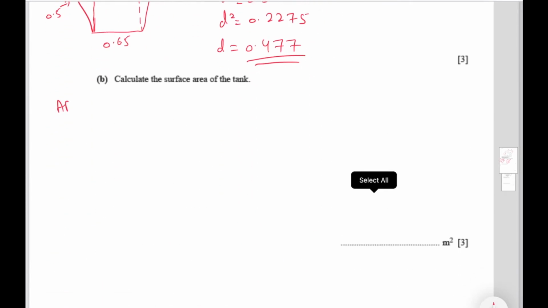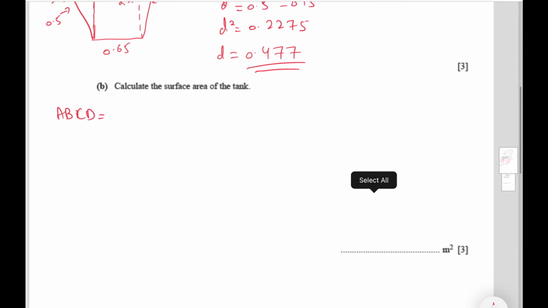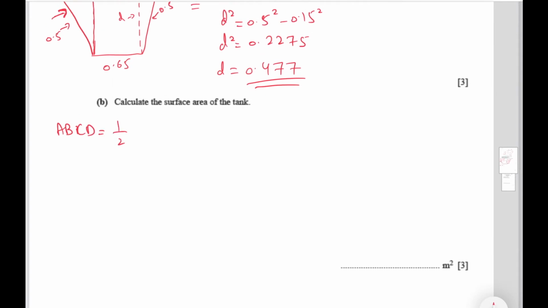ABCD is a trapezoid. So in order to find that, we do half times the height, which we just found was 0.477, times the sum of parallel sides, which are 0.65 plus 0.95 because that's the top and bottom, and we multiply this entire thing by 2 because it's at the front and at the back.